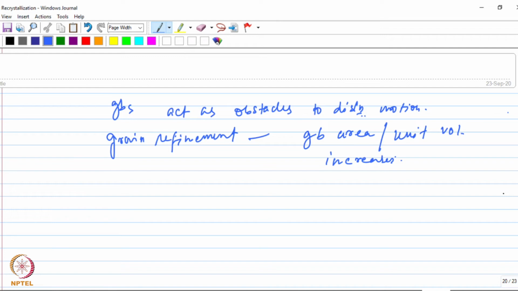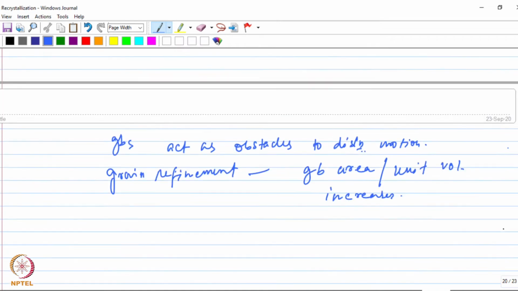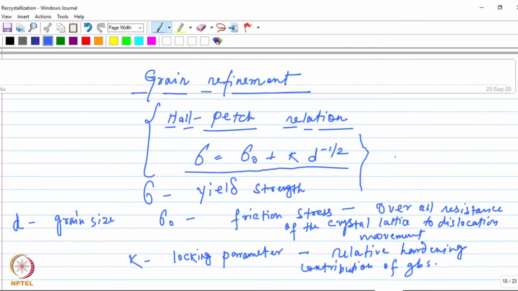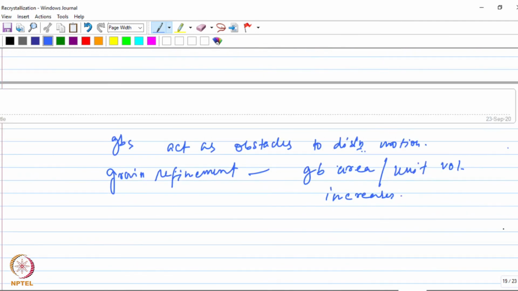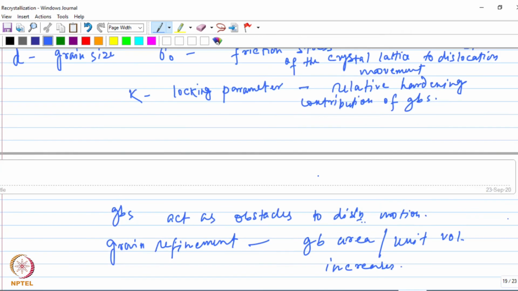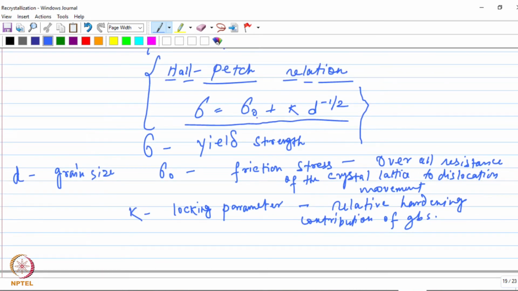Okay, so that is the physical significance of this particular equation, and that is how you can explain it in terms of how the grain boundaries interact with the dislocations, right? But as I said before, we are going to look in a little more depth at how that interaction happens, and from that, we can actually derive this Hall-Petch relationship.